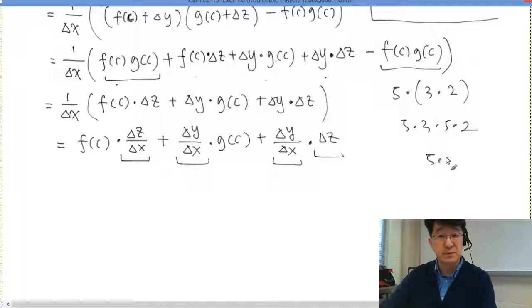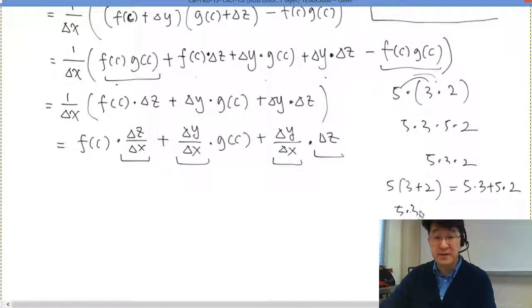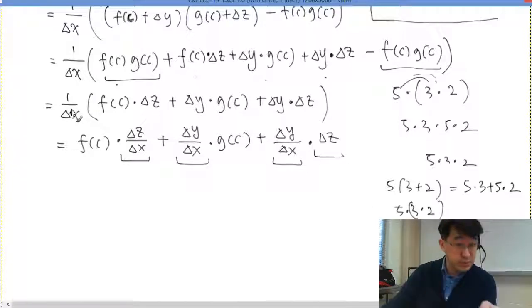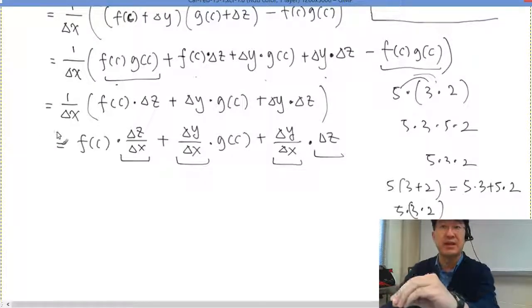It is only 5 times 3 times 2. It doesn't distribute. If it is 5 times 3 plus 2, then it's distributed like that, right? But if it is 5 times 3 times 2, it doesn't distribute, and that's what it is. The delta x does not distribute over the two things, only one thing in there. Does that make sense?